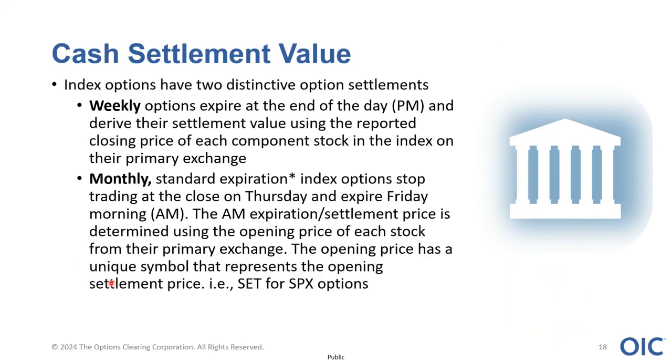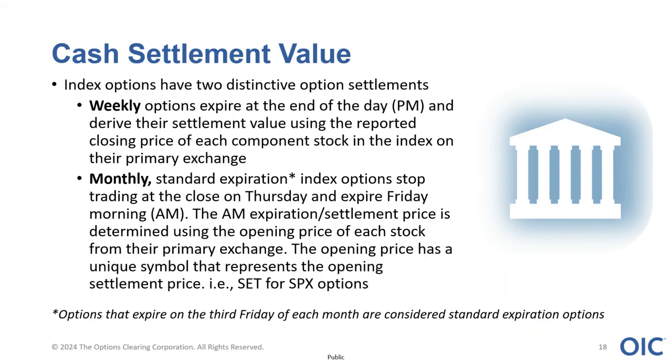Now, when I was trading cash settled S&P options, they would expire on the third Friday of each month. Those were considered standard expiration options, but they wouldn't print. You wouldn't know what the actual print value was until the Friday morning when you came in.